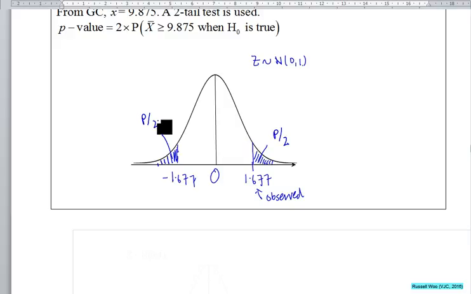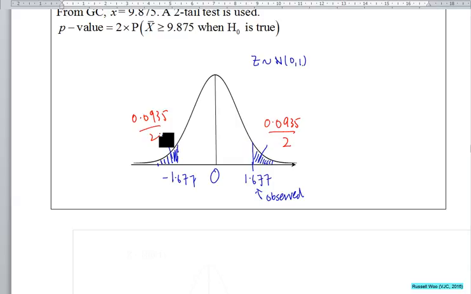Sorry, I want to be more specific now. The calculator helped us calculate the value 0.0935. The calculator is not wrong, okay? The calculator already helped you sum up. This is 0.0935 divided by 2, and this is 0.0935 divided by 2.